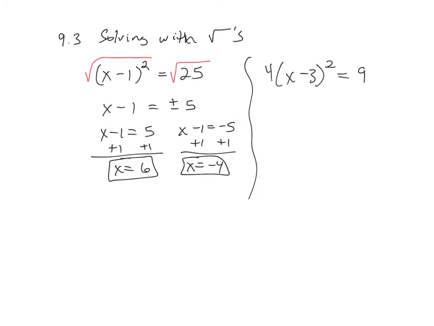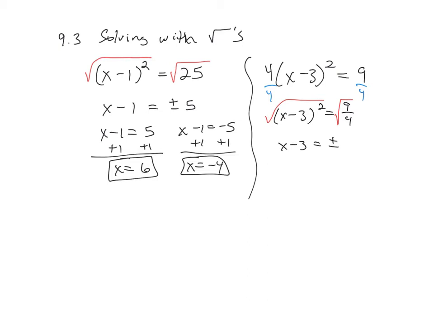I can't do the square root yet because that 4 is in the front, so I need to divide by 4. And so I get x minus 3 squared equals 9 over 4. Now I'm able to do the square root, and this one is going to be a little more challenging because we have a fraction.